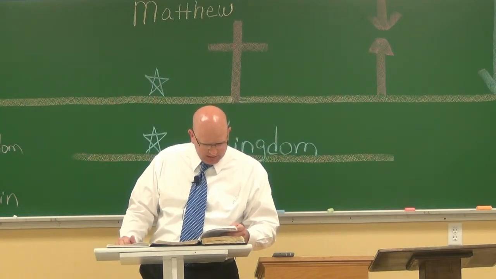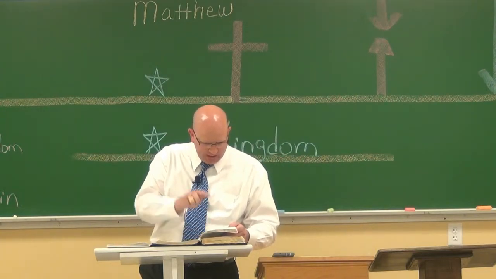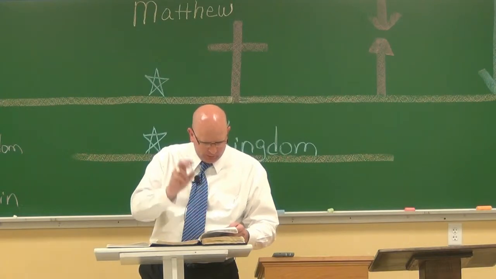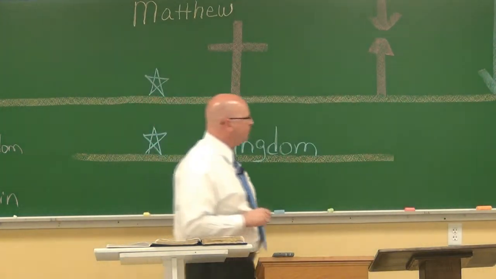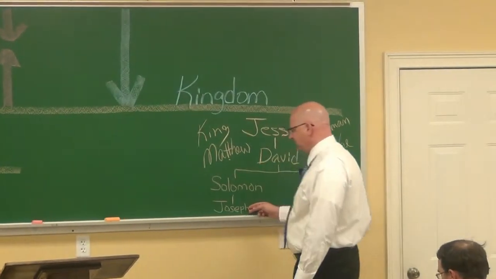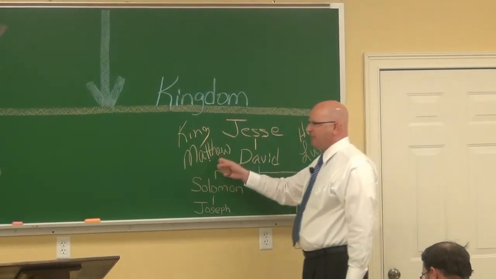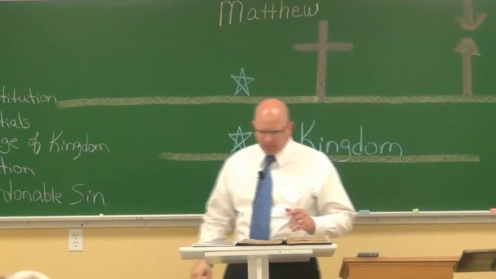Which was the son of Eliab, which was the son of Menon, which was the son of Mattitha, which was the son of Nathan, which was the son of David, which was the son of Jesse, which was the son of Obed, and Boaz, Salmon, Nason, and so on and so forth. So there's the split. One side carries you down through Mary, one side carries you down all the way to Joseph. Matthew deals with him as king. And that's one thing you need to remember.